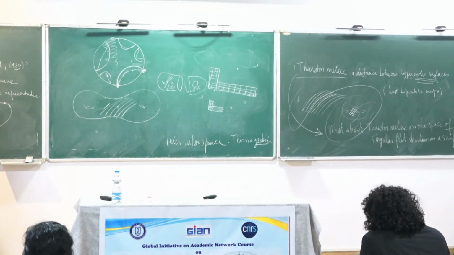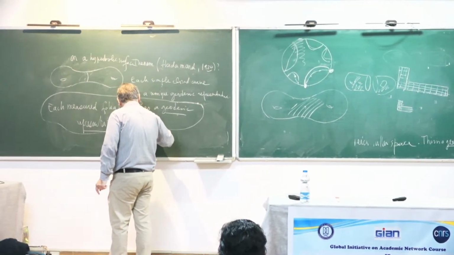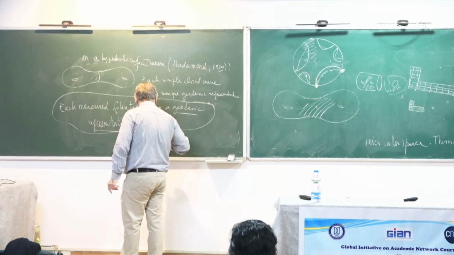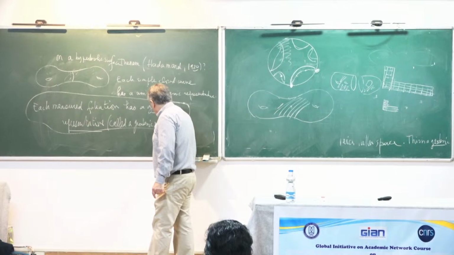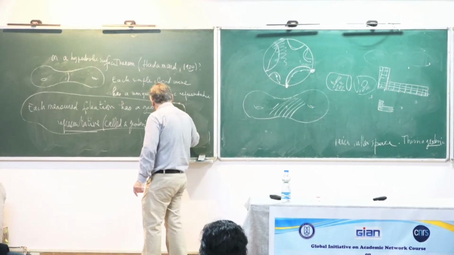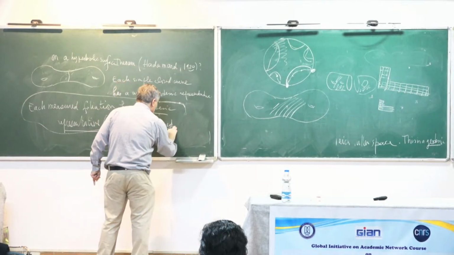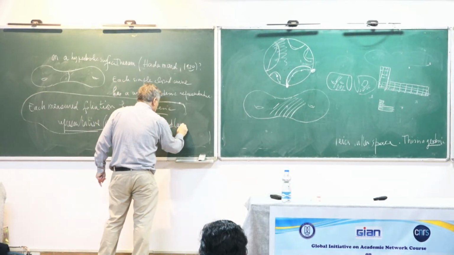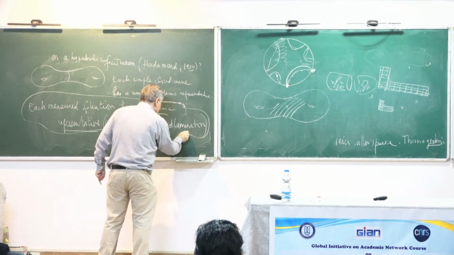And this is called a geodesic lamination. I didn't talk about the measure, but since I have a measure here, the result is also a transverse measured lamination.